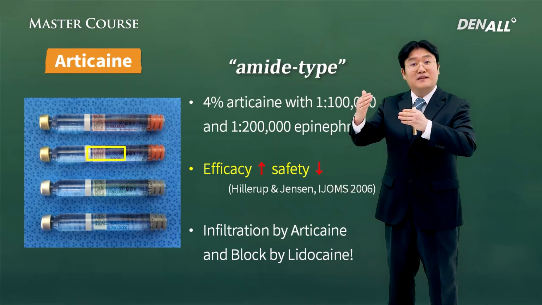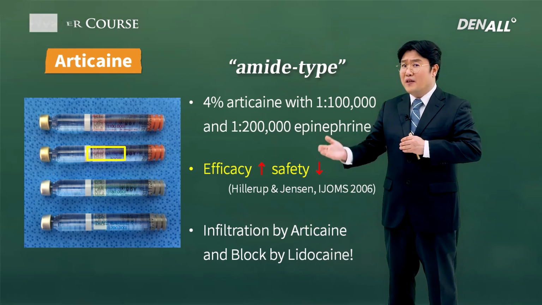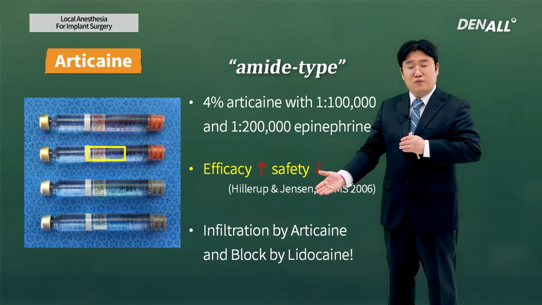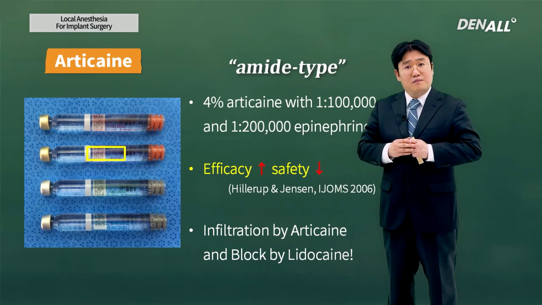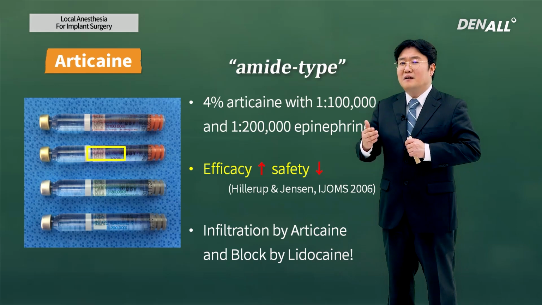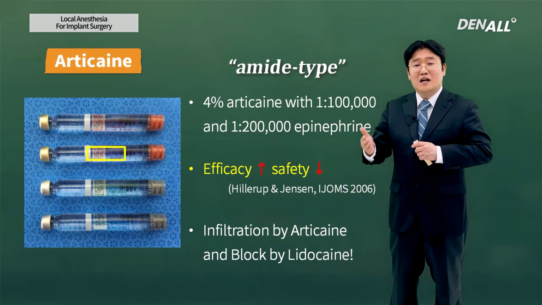Articaine can be used for infiltration. It is a higher concentration, so the efficacy is better. But for superior alveolar nerve block in the maxilla and inferior alveolar nerve block in the mandible, you can use lidocaine, which is widely used.